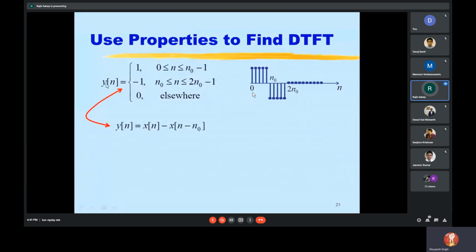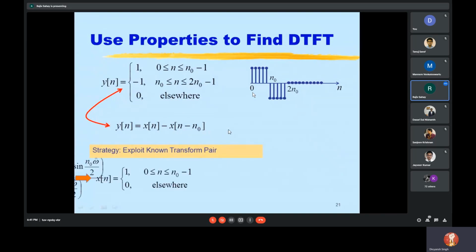So y of n can be written as x of n minus x of n minus n naught. So what is x of n here? x of n is supposed to be this, so we already know its DTFT. We have seen that for this particular form, the DTFT comes out like this.